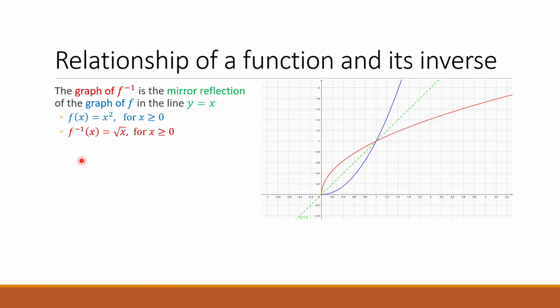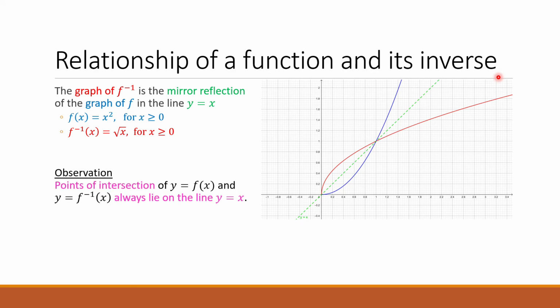The red function is the inverse function, square root of x. The green one, of course, is the line y equals x, the diagonal line. You can see that the blue and the red one are a mirror reflection in this line. Imagine this is your mirror: you reflect the blue one, you will get the red one. So this is the graphical relationship between a function and its inverse.